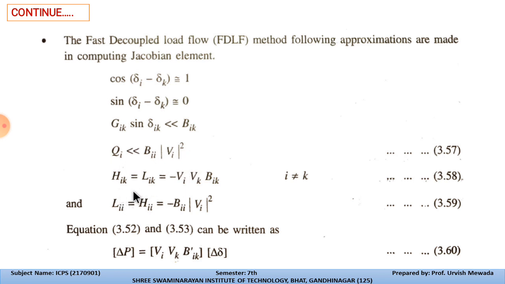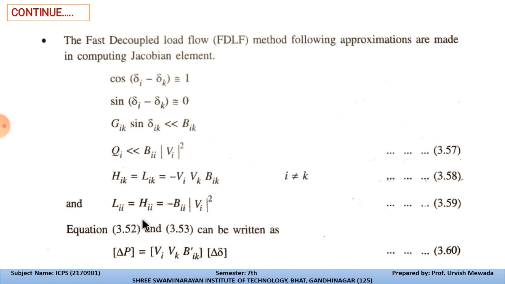Therefore we can write H ik is equal to L ik, where L ik is equal to minus Vi Vk b ik, and L ii is equal to H ii is equal to minus b ii V square. This is the equation of Q i, H ik and L ik that we can solve with the help of the FDLF method.